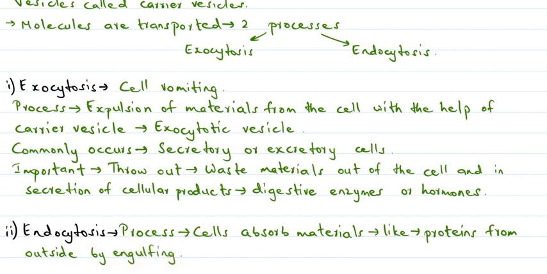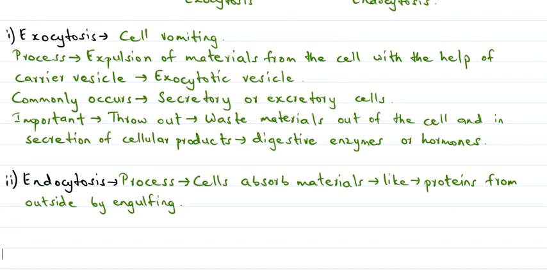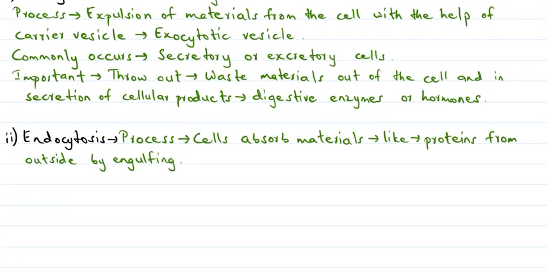It is used by all the cells of the body because most of the substances are large polar molecules which cannot pass through the plasma membrane. This endocytosis is further classified into 3 types based on the nature of absorption of materials.